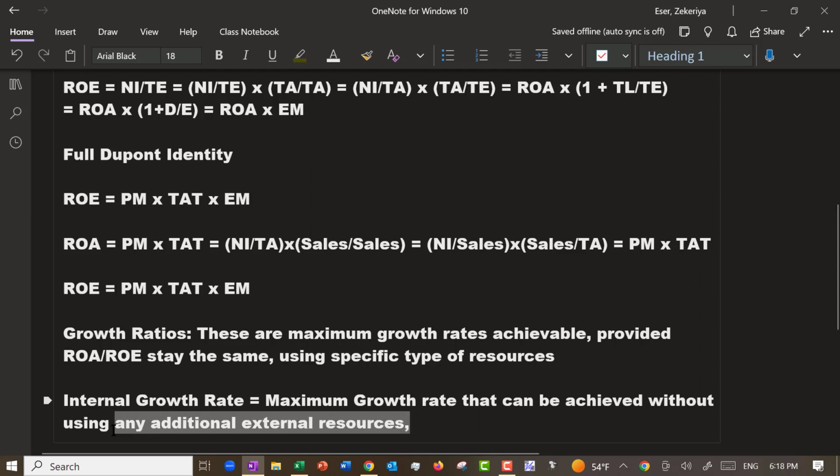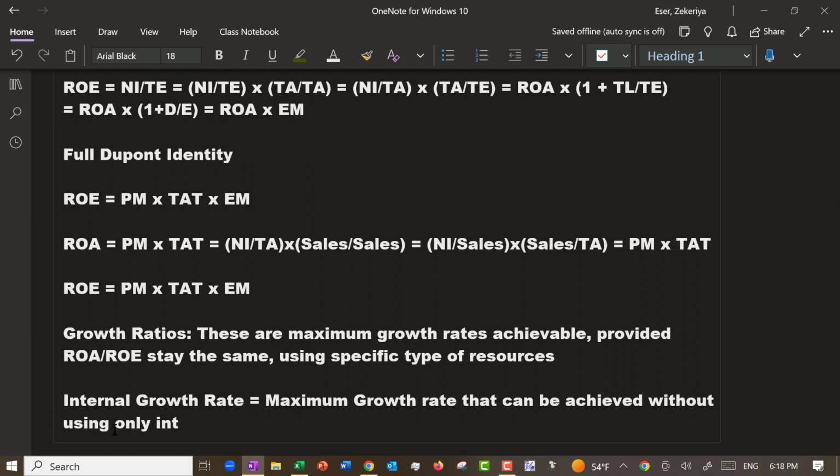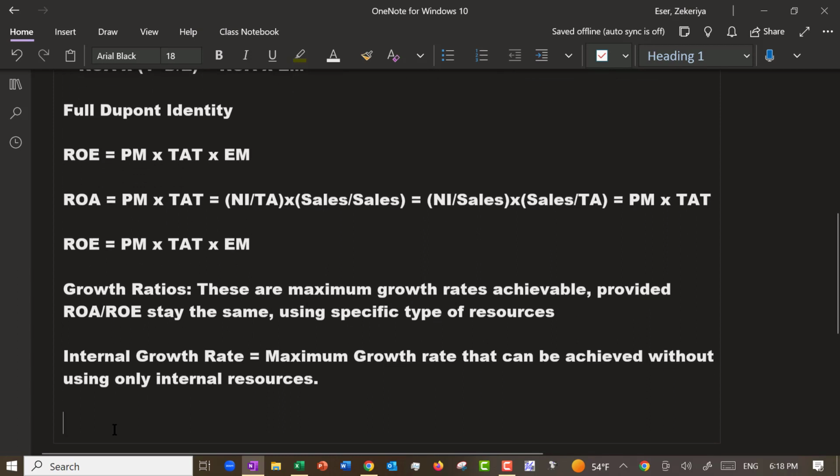Using only internal resources, let's call it. Basically, you're not going to borrow any money. You're going to only use whatever profits you made and whatever you got to keep.